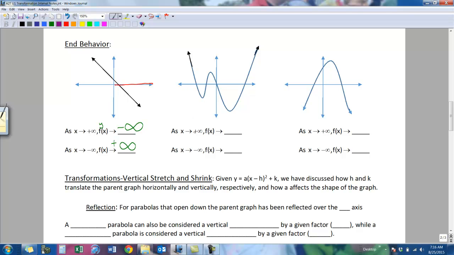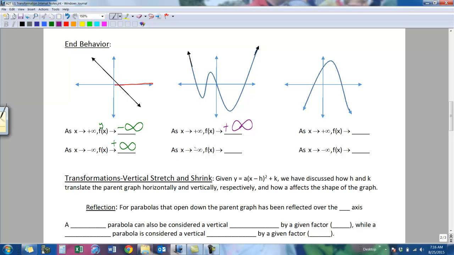Let's look at this next one. As x approaches positive infinity, as we go across the x-axis, right here it goes down for a bit and it comes back up. But as we keep going along x, what is the graph doing? The graph is approaching positive infinity. It keeps going up. Let's talk about this one.